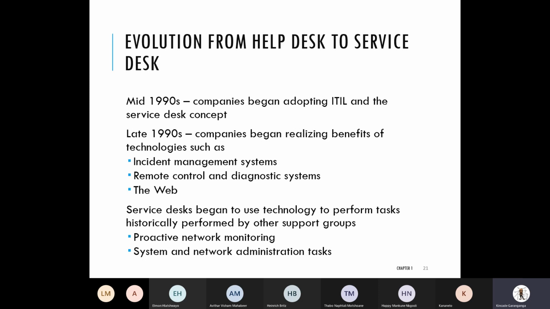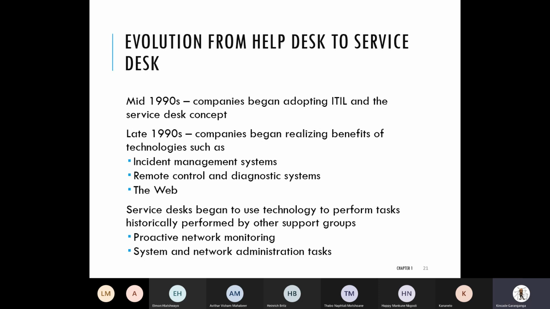And a lot of institutions now identify the actual benefits of certain technologies that you can use in providing the appropriate service desk environment. Before, it was just a quick question of using your generic telephone line for calling in and so on. But now you had your generic remote control and diagnostic systems put in place as far as technology would go, the internet space, and naturally generic incident management systems.